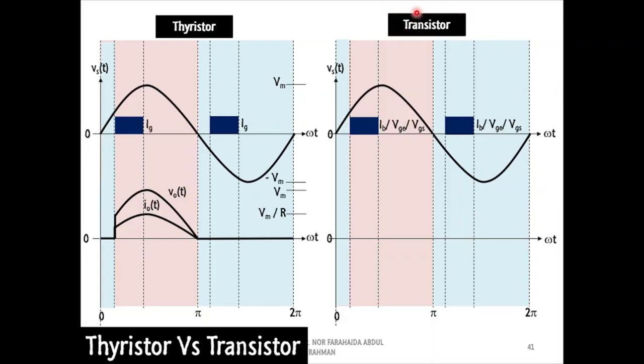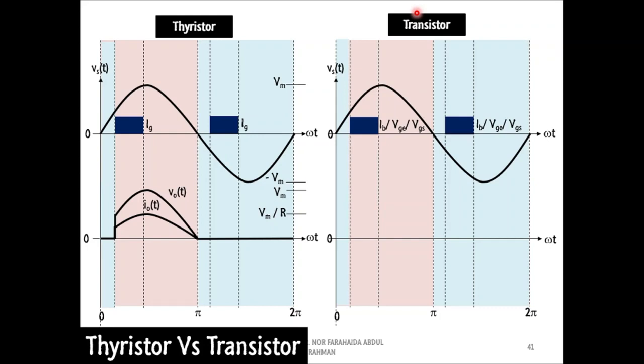In this topic, we will focus on three types of transistors, which are BJT, MOSFET, and IGBT only. Although there are many types of transistors, their basic operation is quite the same.